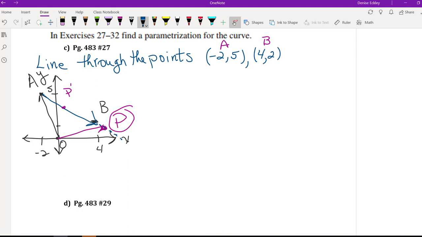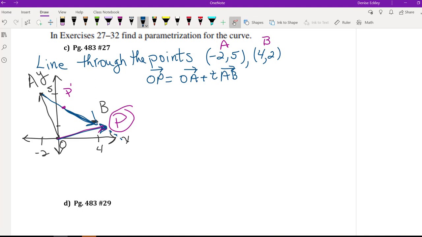We are moving this point P up and down the line in this way. So OP can be thought of as my vector OA plus some number t, a scalar, that's going to move that point P, times my vector AB. When t is bigger than 1, it'll be beyond B, and when t is less than 1, it'll be to the left of B.